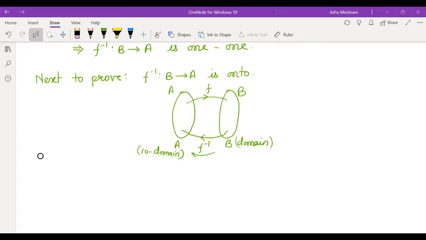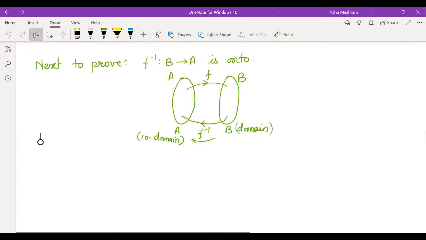Whenever we prove onto, we have to take first an element from the codomain, and for that particular element, we have to show one element in the domain. So now f inverse is mapping from B to A. We consider one element in the codomain of f inverse, and that is A. So let x belong to A.